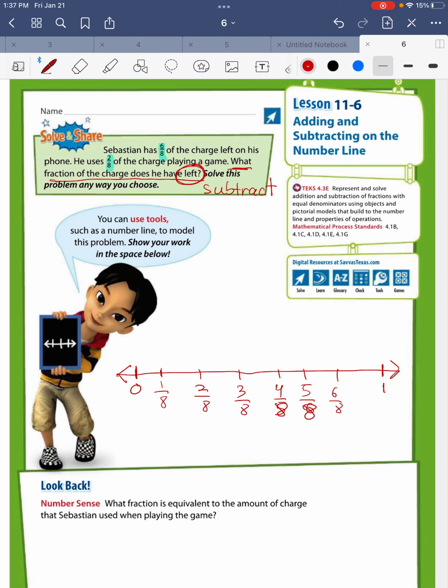Okay, 4/8, 5/8, 6/8, 7/8, and then it's gonna be 8/8.